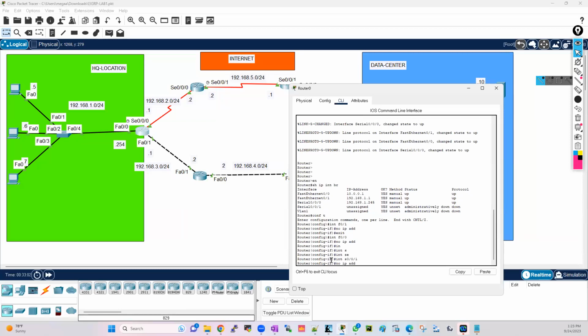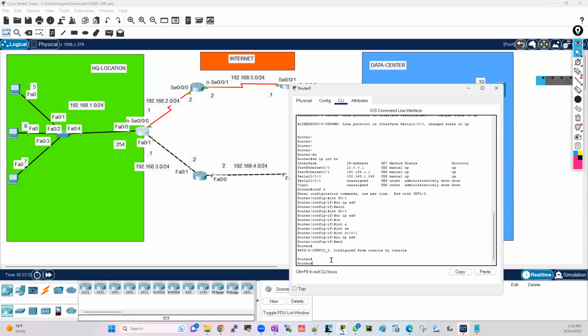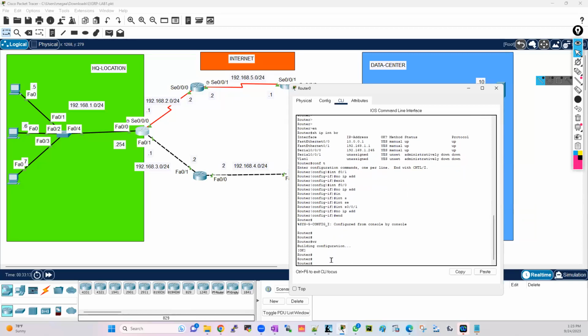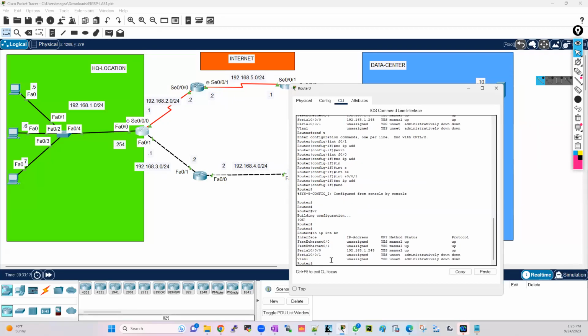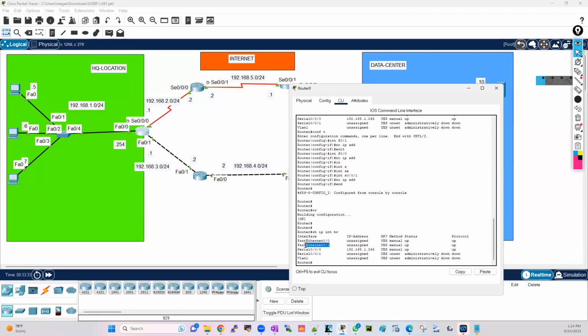And no ip address. Now I click exit or end, write memory, and then do show ip interface brief. Okay, I did not run the one for /0. I'll run /1. But if we look at the first two, they are already gone.